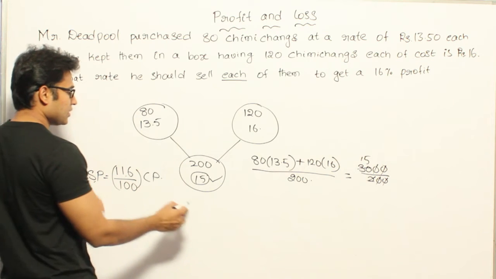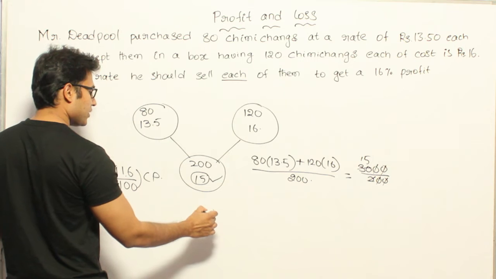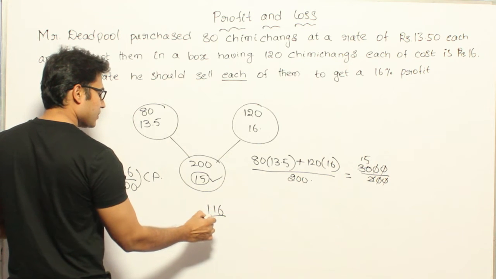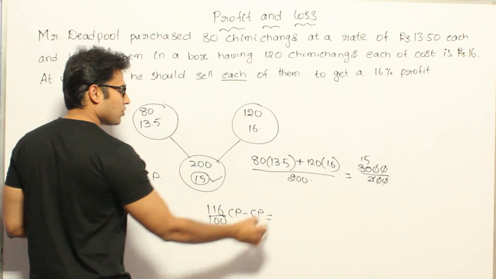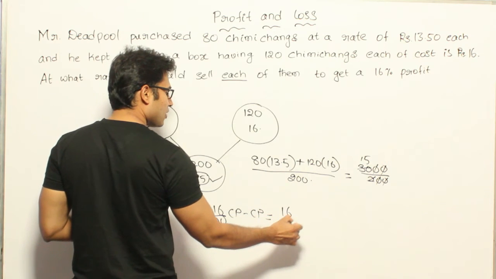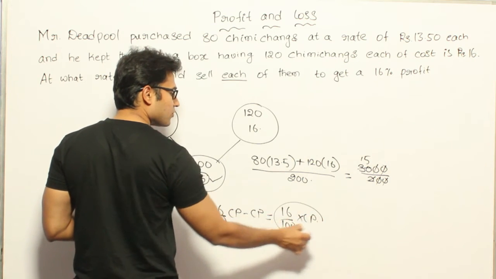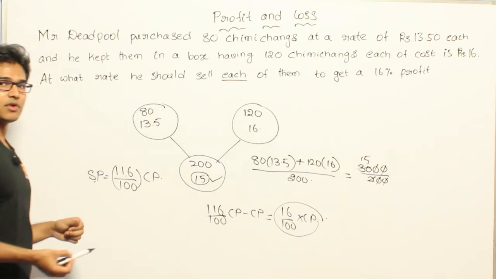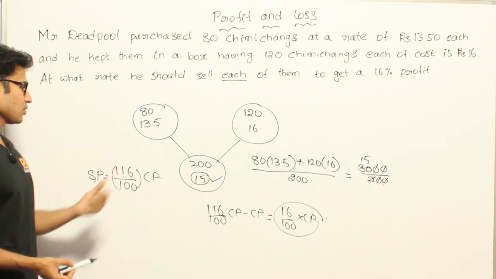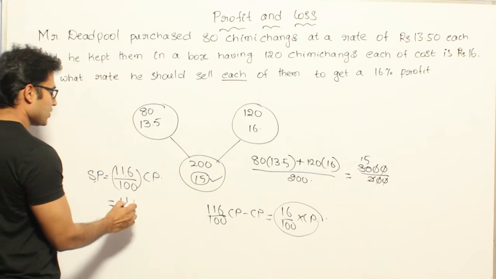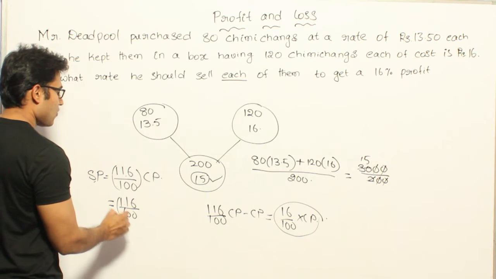Why? If you try to find out 116% of cost price minus cost price, you are going to get 16% of the cost price. That is the profit, isn't it? So if you have to make a profit of 16%, your selling price should be 116% of the cost price. Now what is this? 116 by 100 of cost price.